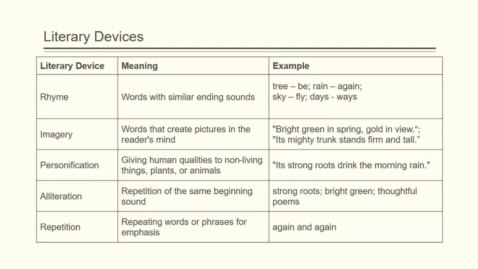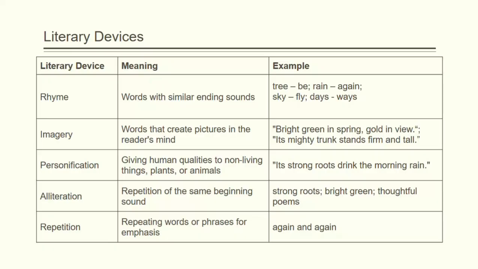Now let's look at the explanation for the various literary devices found in the poem we just read. The first one is rhyme, and this refers to words with similar ending sounds. For example, tree, bee. The ending of tree is similar to the sound of bee. Another example, rain.